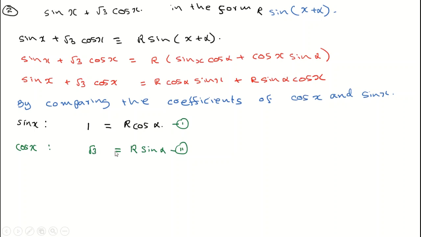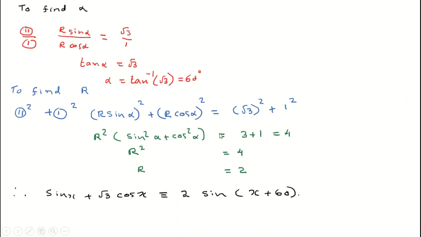So root 3 is equal to r sin alpha. To find alpha, you can just divide these two. r sin alpha over r cos alpha is equal to root 3 over 1. That is, tan alpha is equal to root 3. Alpha is equal to tan inverse root 3, that is 60. In case of radians, you can take it as pi over 3.